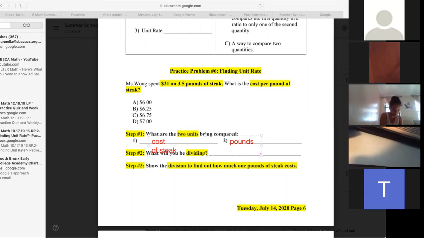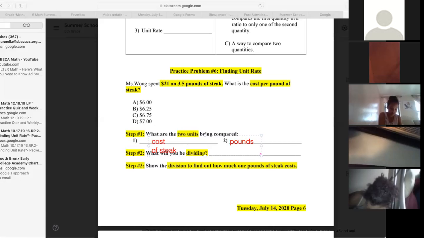We're gonna write here, cost to pounds of steak, right, Jerickson? Pounds of steak. Now, what two numbers will you be dividing to find the unit rate, meaning how much 1 pound of steak is going to cost me?